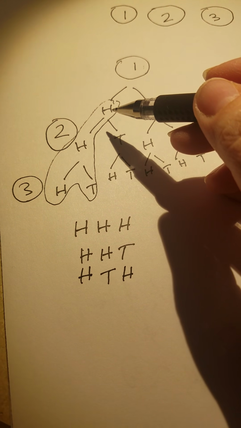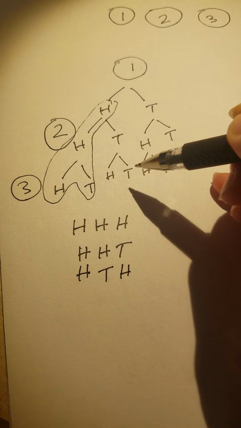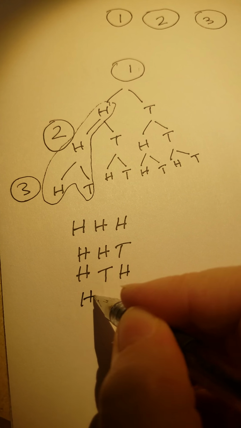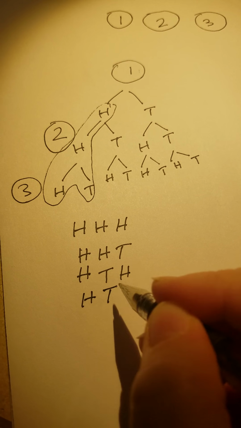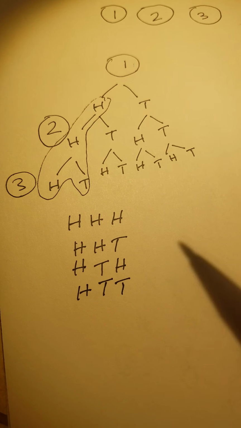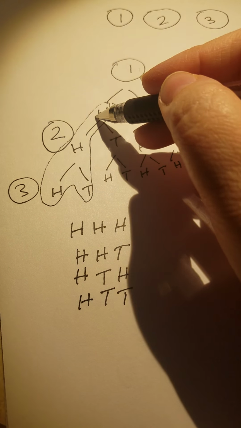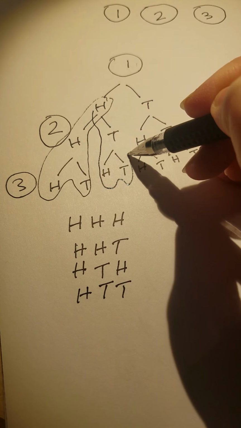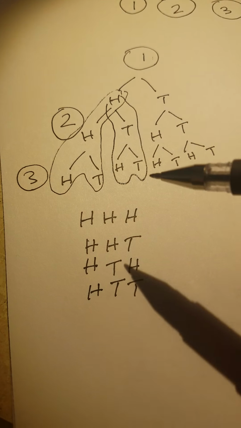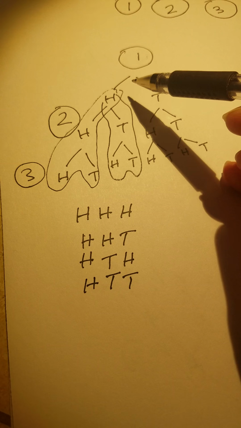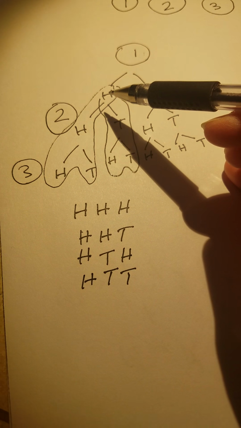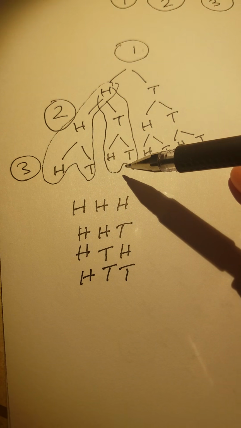Or what if it's head, tail, tail? Lands on its head, the second one lands on its tail, the third one lands on its tail. So this is the way we've looked up to now, right? So 1, 2, 3, 4. That's if coin number 1 lands on its head. These are all the results.